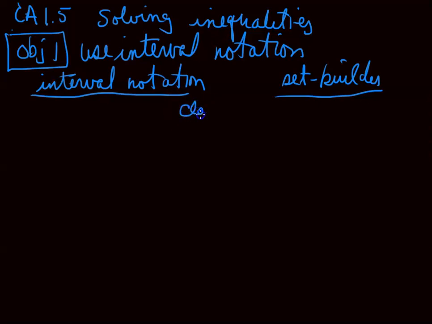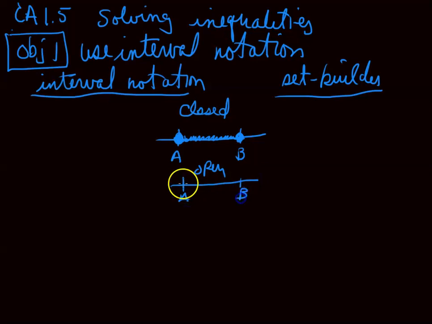A closed interval is one where both endpoints are solid. Our book sometimes uses a square bracket like the interval notation does. An open interval is when you've got A and B with two open circles, but all the points in between. Then half open, half closed.